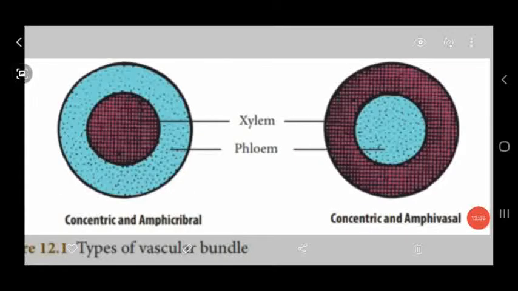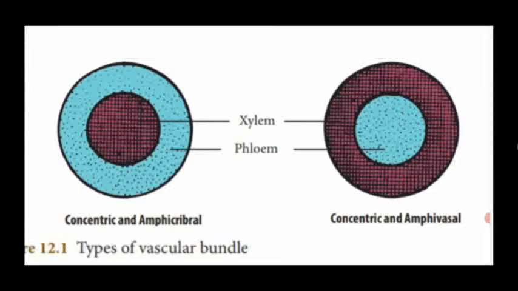Dear students, these two are the types of concentric vascular bundle. See the diagram, how xylem and phloem are arranged. They are arranged in a ring-like or cyclic manner. First one, xylem is present at the center. This xylem is surrounded by phloem. So that is called, what is that one?